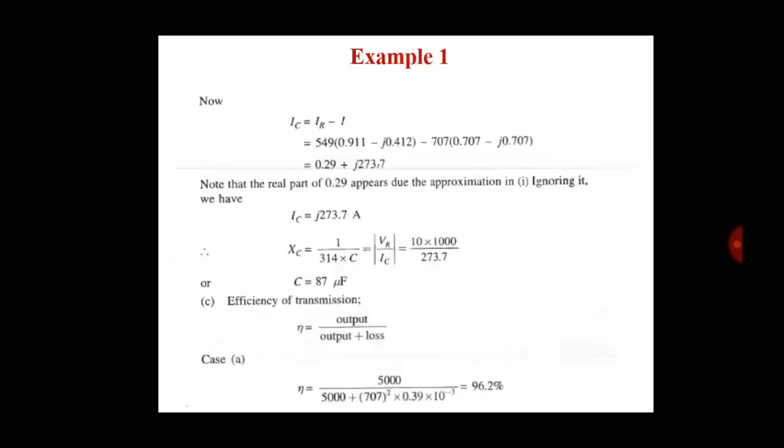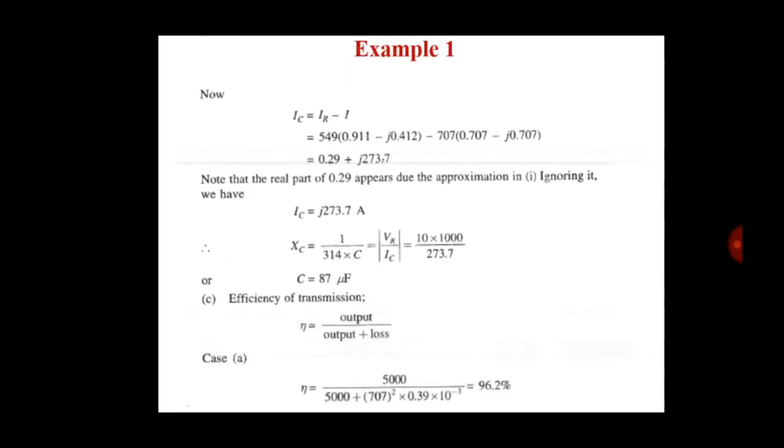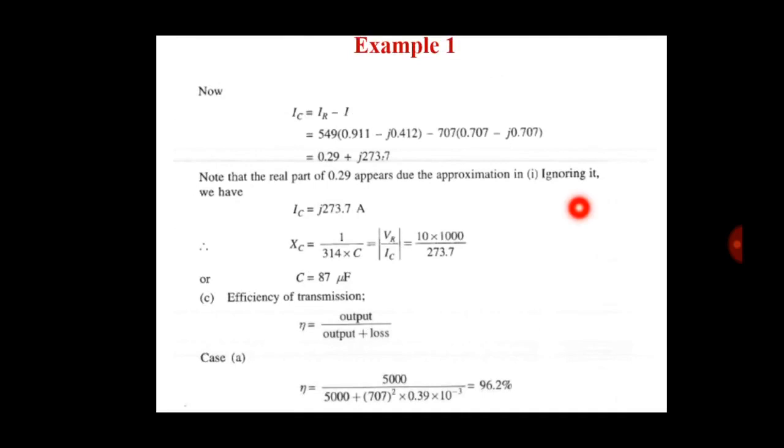Now IC is equal to IR minus I from the given circuit. So put the values of IR and I in complex form, and here the value of IC is equal to 0.29 plus J 273.7.